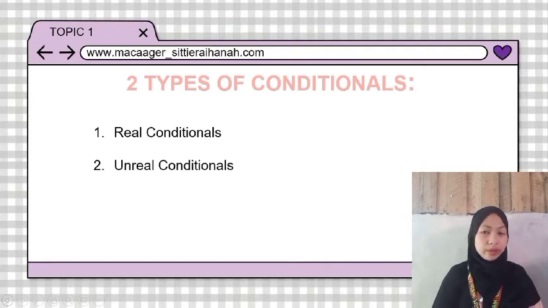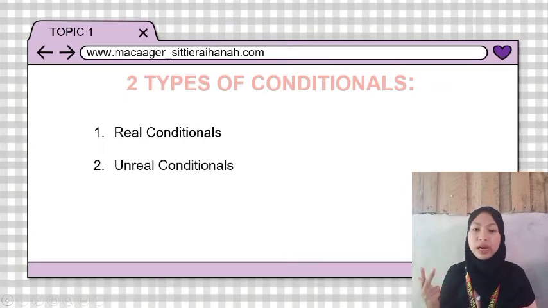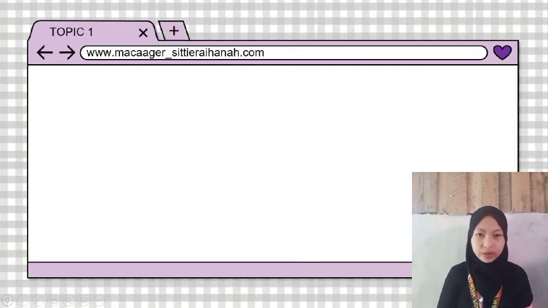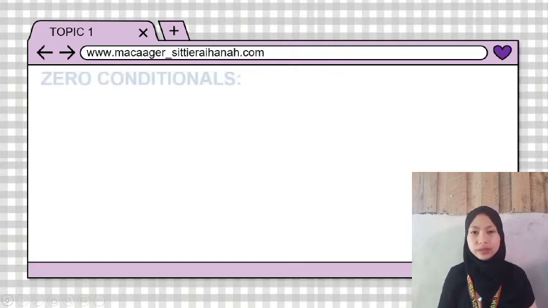Unreal conditionals express impossible, hypothetical, unreal conditions and results. For you to clearly understand this, let's begin with the zero conditional, under the real conditionals.